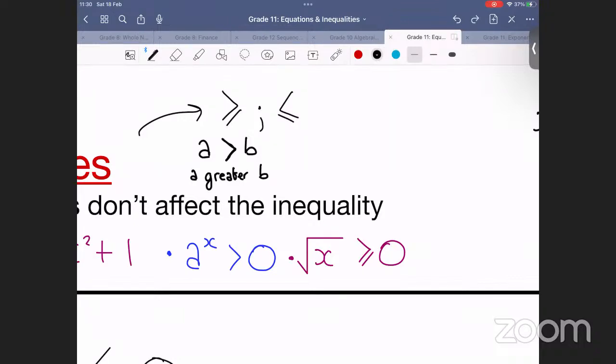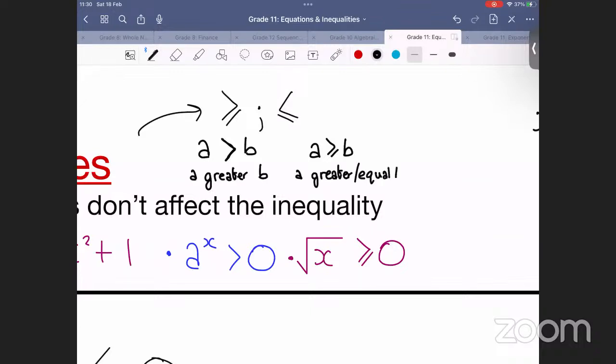The open side is basically the greater than side, and the pointy side is the less than side. So you could also read this as B is less than A. But if you have A greater than with another line, that means that A is greater than or equal to B.